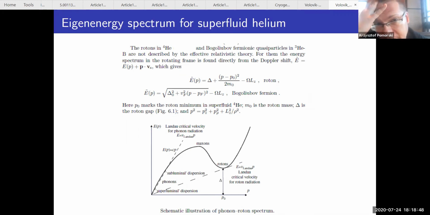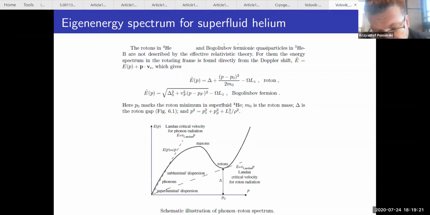So basically, in helium-3, the excitation spectrum is much richer than in the case of a superconductor, simply because there is no crystal lattice in superfluid systems, and this brings enormous complications.